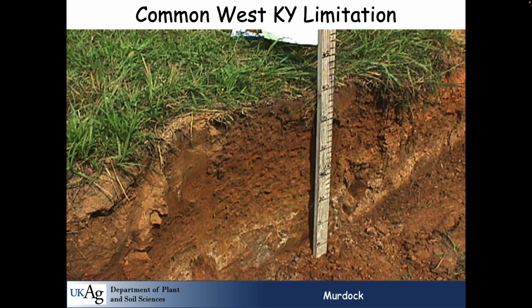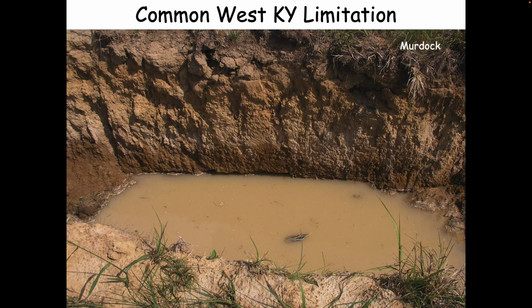Another common West Kentucky limitation that does extend over to this part of the state, and you see it as a limiting layer, is what we call the fragipan, which is down here starting about 20 inches. It's the start of this discoloration in this soil. Most of the material above it is either silt loam or silty clay loam. It ponds water in the winter.